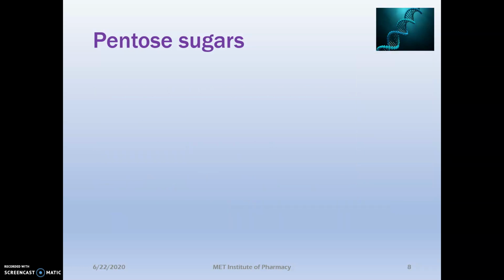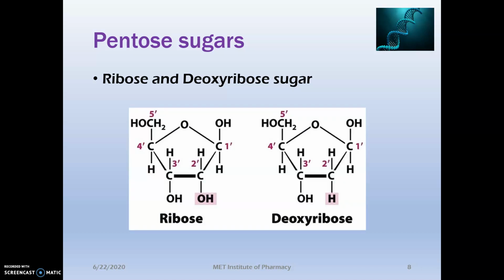The second component of the nucleic acid is pentose sugar. You will find a pentose sugar in the structure of nucleic acid. This pentose sugar is ribose. Ribose is an aldose which consists of 5 carbons. There are 2 types of sugar found in nucleic acid, which further differentiate the nucleic acid into DNA and RNA: ribose and the deoxyribose form of pentose sugar.